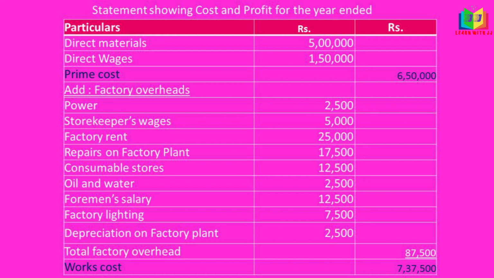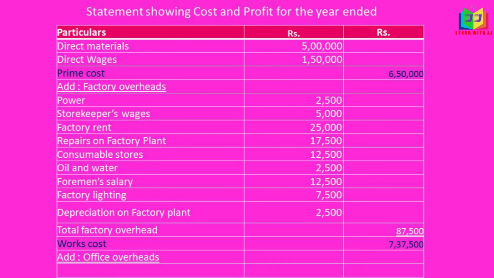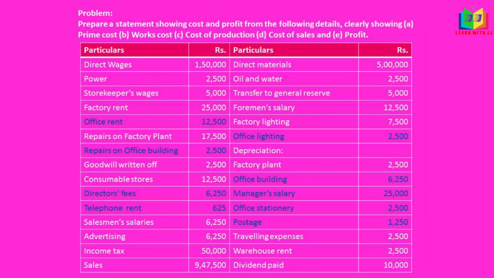Once we got this work cost, we have to find what are the office overheads. That is, the expenses relating to office and administration will come under here. Under that, the first thing is office rent, repairs on office building, director fee, telephone rent, office lighting, depreciation on office building, manager salary, office stationery, postage.